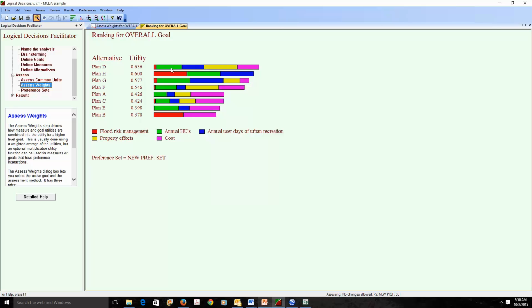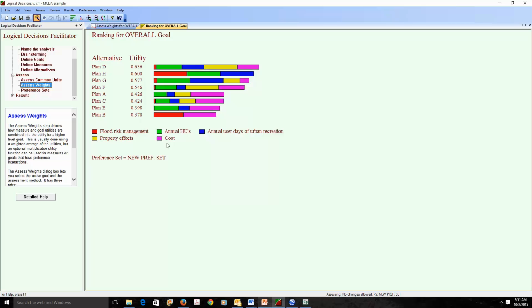We get a lot of annual habitat units, does pretty good for recreation, does okay on cost, but not so much for the flood risk. If you want flood risk, that's Plan H here. That does a lot more for the flood risk, but notice that yellow, property effects, and what else was missing there? Got red, got green, got blue.